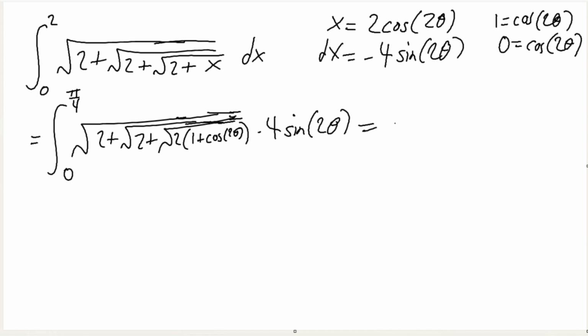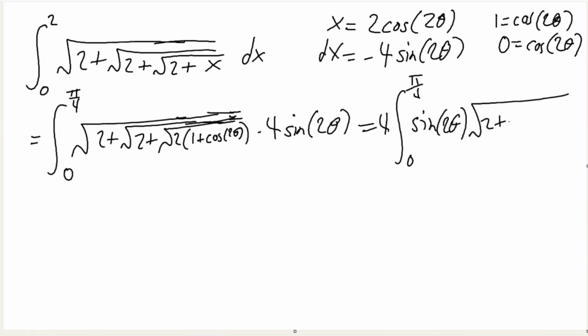But notice that, let me just put this at the side, sine 2 theta here, what we actually have is 2 plus root 2, and this whole thing is equal to 2 times cosine square theta. And so now we have 2 cosine theta.